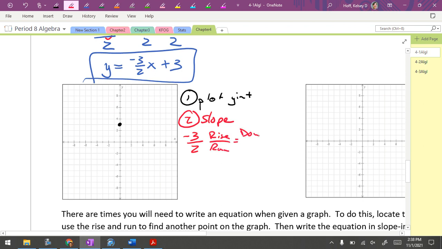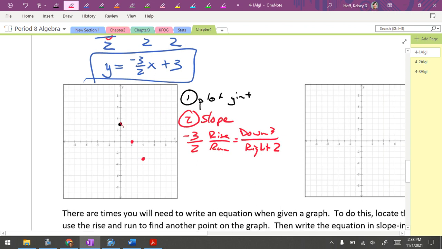Go down 3 and right 2. Why right? Yeah, if I go down and to the left, I have a negative and a negative, which really is a positive. So you only want one negative, so make sure you're cautious of that. So from your y-intercept, we go down 3, right 2, down 3, right 2, and you could continue.